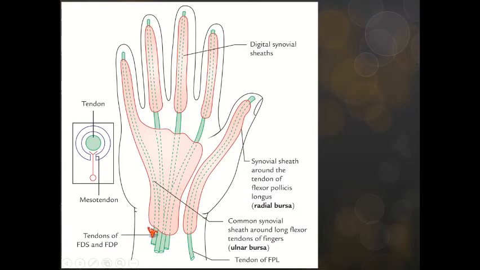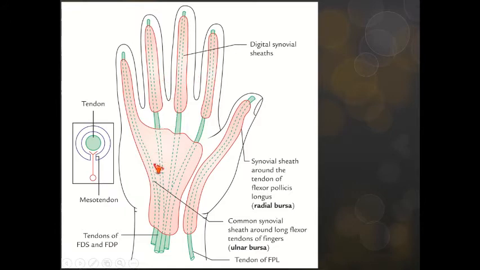And if any infection is present in the flexor digitorum superficialis or the flexor digitorum profundus at that area of the forearm, that infectious fluid descends down, reaches the ulnar bursa and reaches the little digit only. Why? Because index, middle and ring fingers have individual digital synovial sheaths.